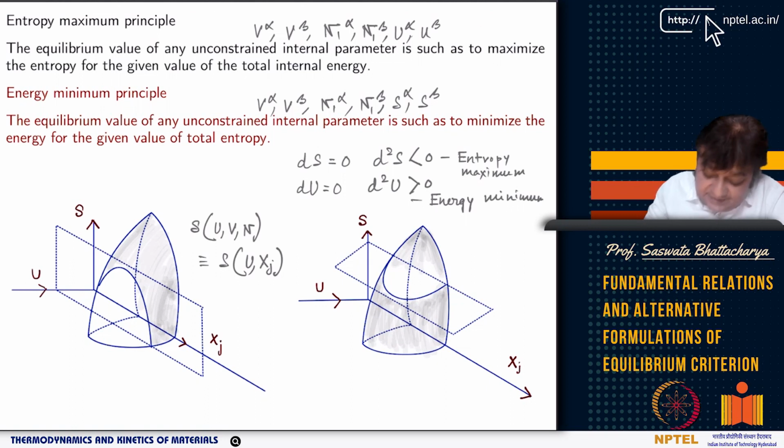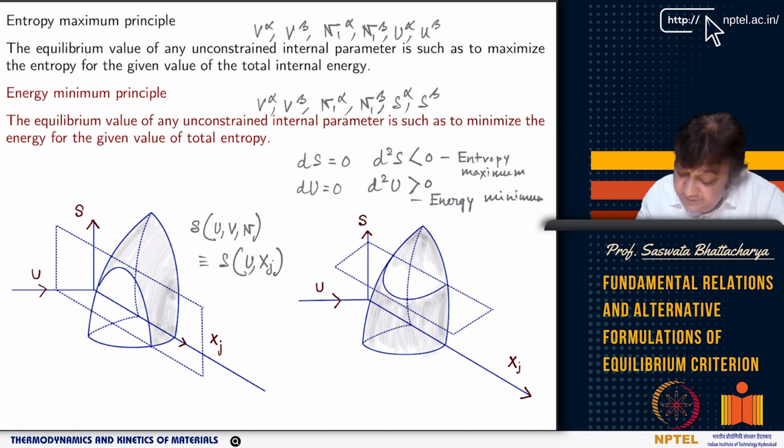When you draw this plane, we are fixing the value of U. This plane intersects the S, U, V, N surface, and if you see the diagram, you will understand easily that for this value, the equilibrium will be obtained by maximization of entropy.